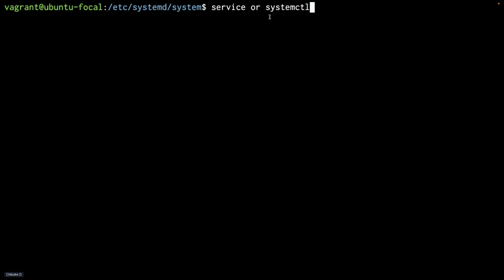If you're using Red Hat, I think Red Hat uses service, and Ubuntu uses systemctl. I think not all of them use it, but I think we're quite lucky because Ubuntu uses both service and systemctl. Right? Yeah, right.